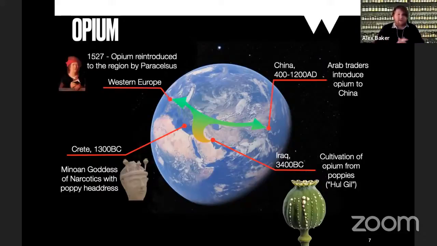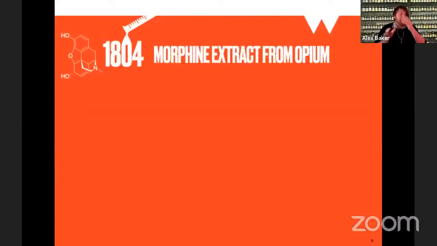And then it would spread further into China. And actually in 1527, it would be rediscovered in Europe by the alchemist Paracelsus. It wasn't until 1804 that the active ingredient of the poppy was understood, morphine, and that was isolated by a chemist called Sertürner. During this period, the popularity of opium and morphine as drugs was really starting to take off globally.